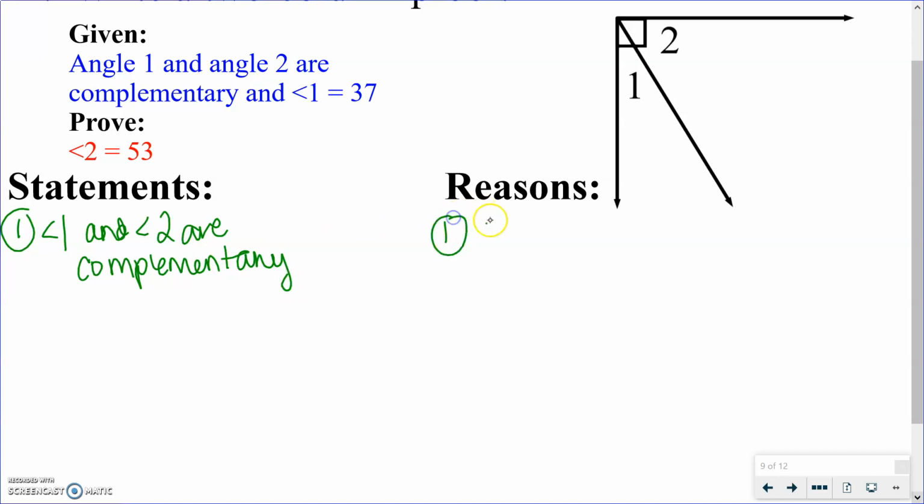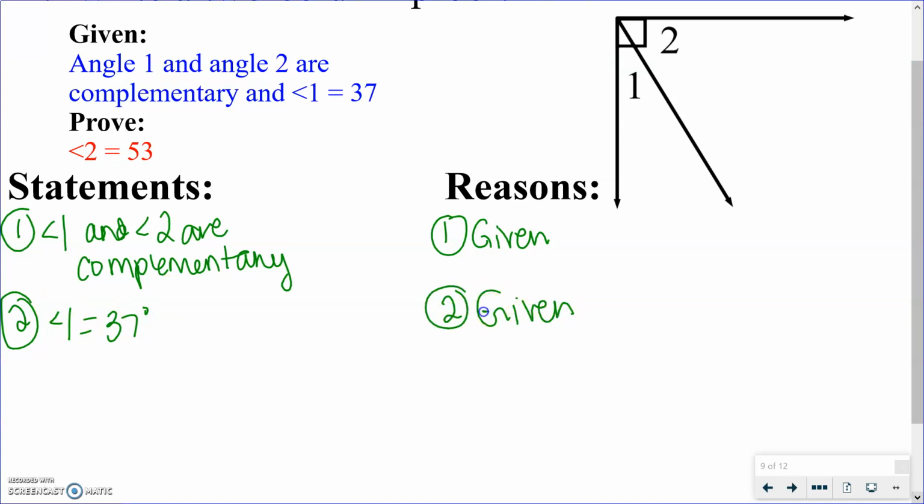And that's given. Okay, and statement 2 is angle 1 is equal to 37 degrees. And again, that's given.